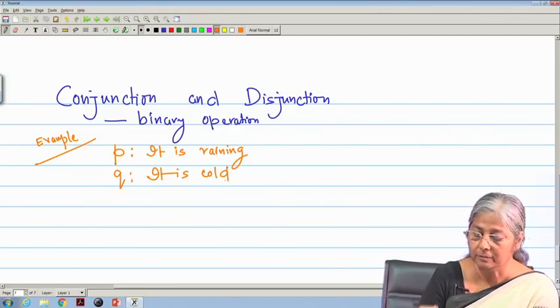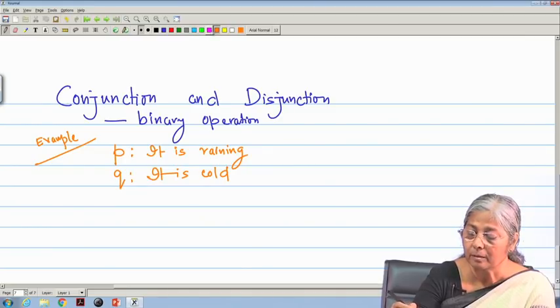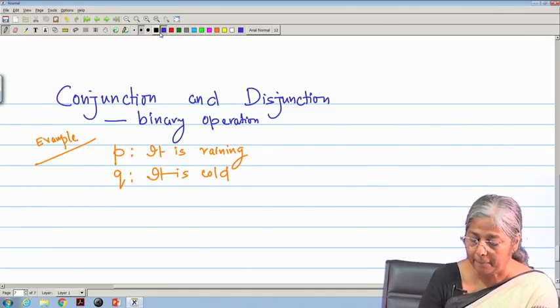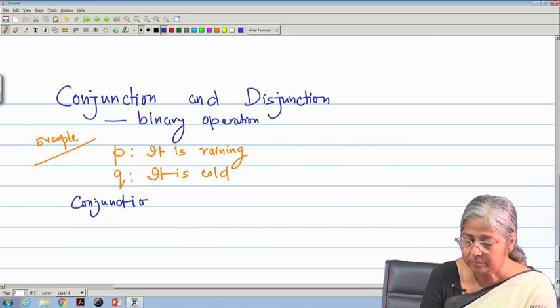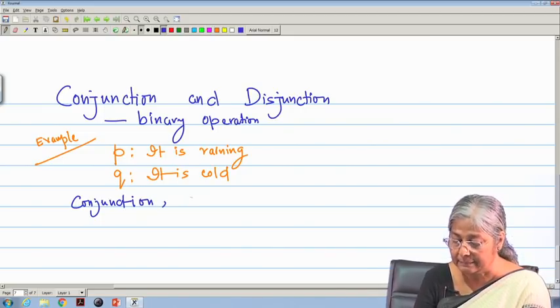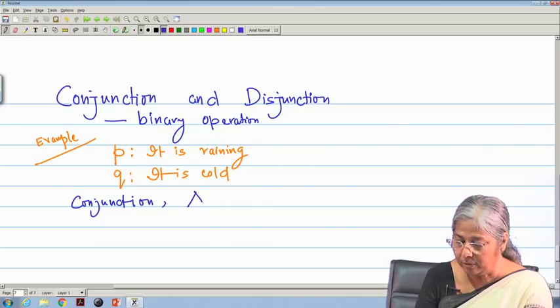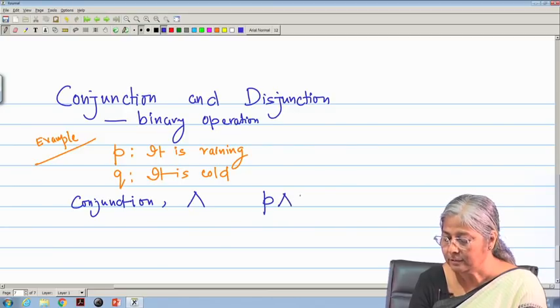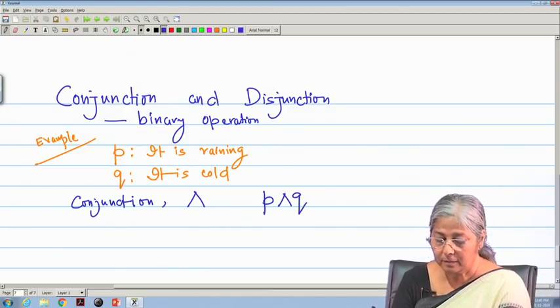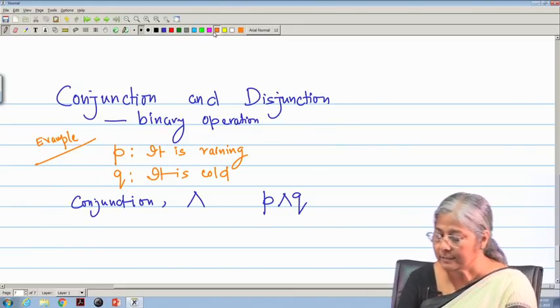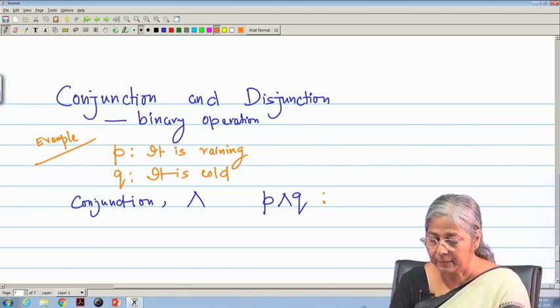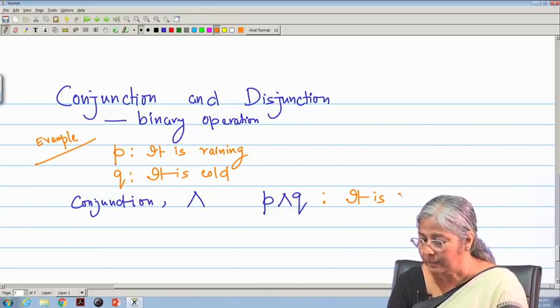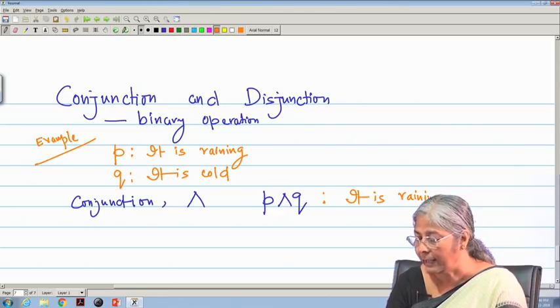Now, conjunction we define like this. We write P and Q, and it tells us that it is raining and it is cold.